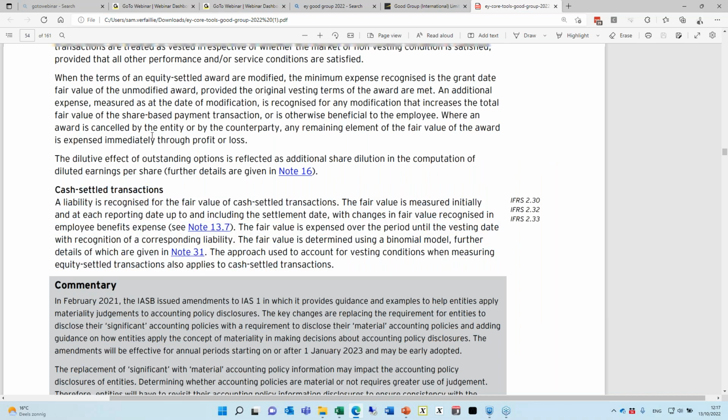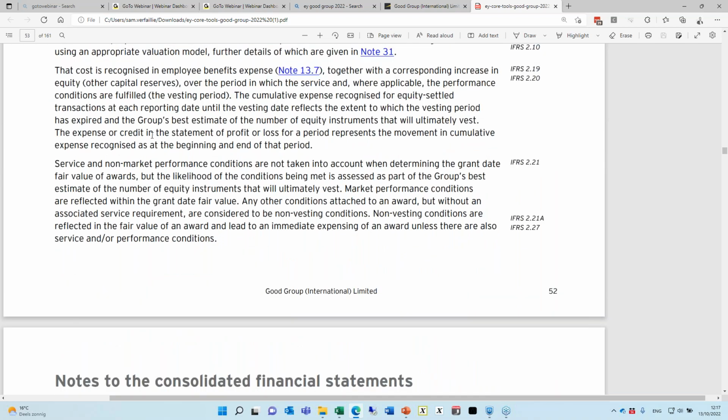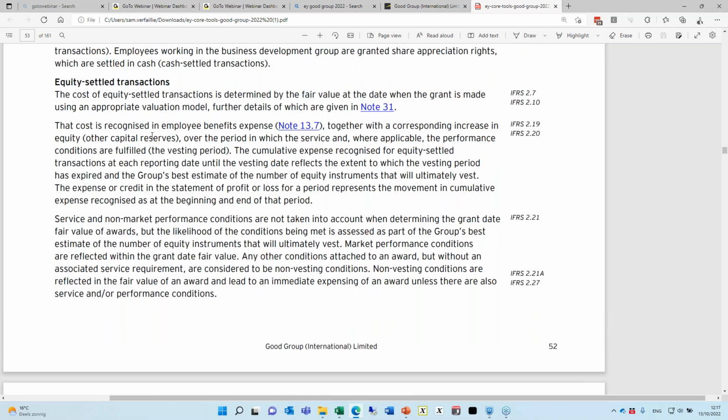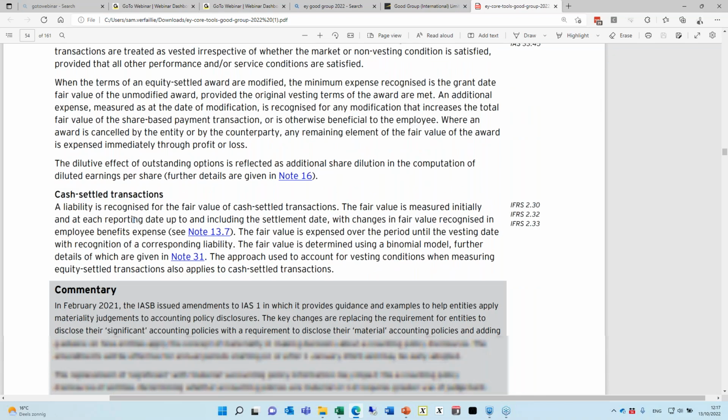Also explain at what line in the P&L this is expensed. If you will reclass your share-based payment reserve upon exercise, also between your reserves, explain here how it will work. The rest is rather standard guidance that you need to include.